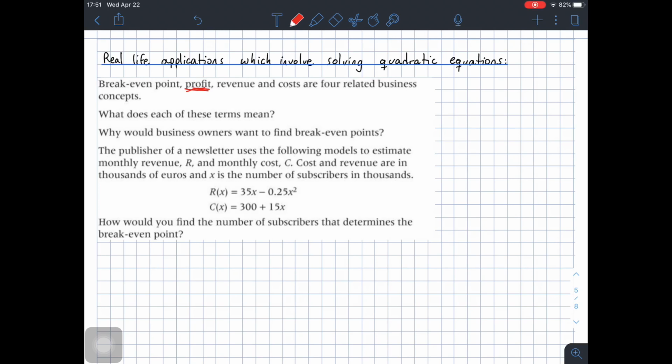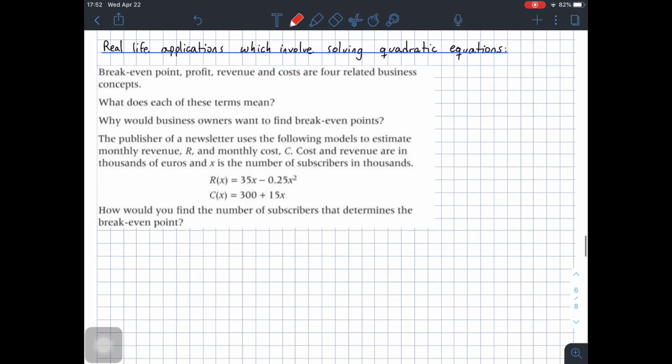And it's basically calculated by doing revenue minus costs, right? Revenue are all my ingresos, right? All of the money I can gain through the sale of my products. And costs are all the costos of producing or offering a specific product or service.